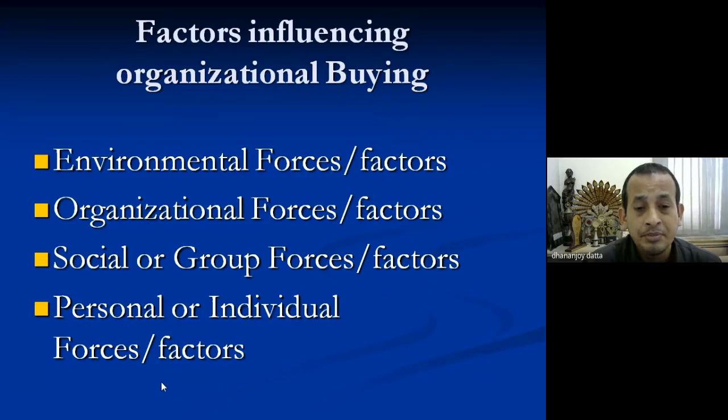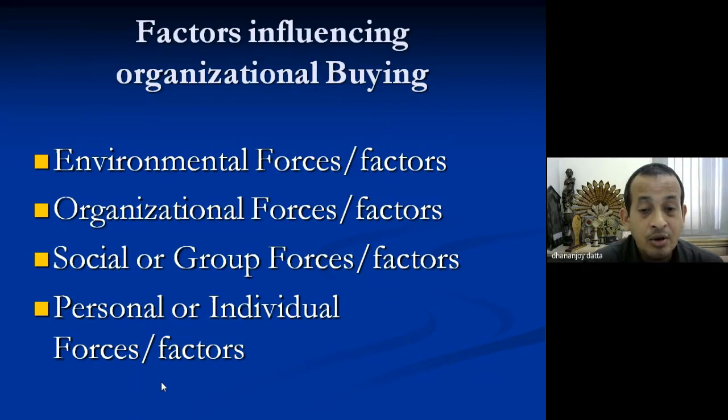The person who represents the company is also living in society. So there are some social forces which influence organizational buying, like focusing on environment friendly packaging or producing environment friendly products.